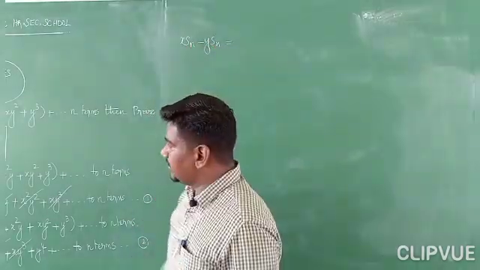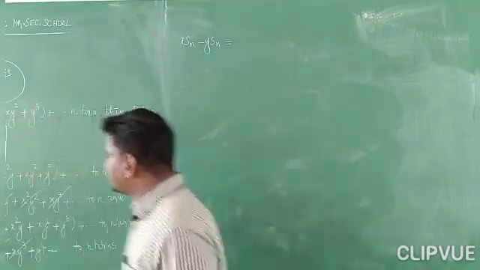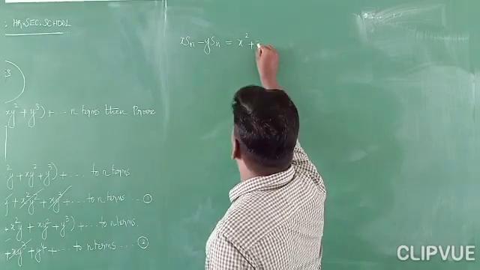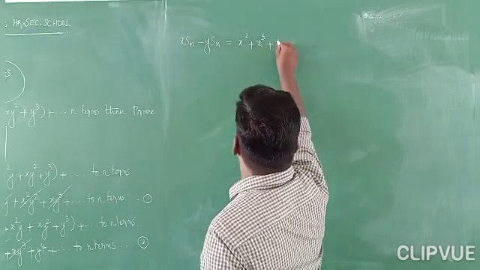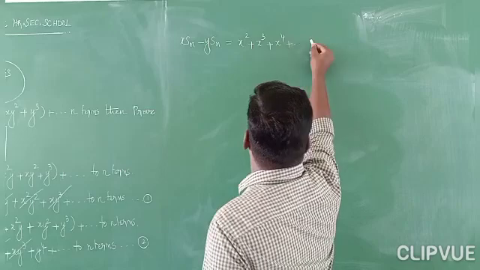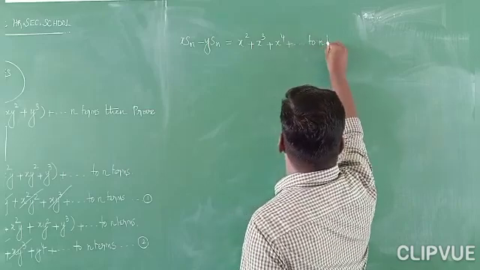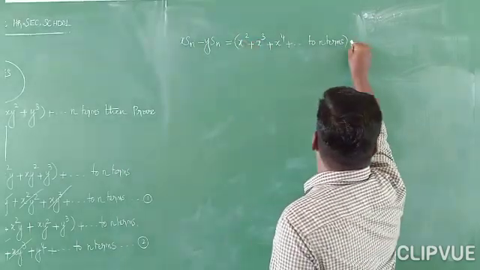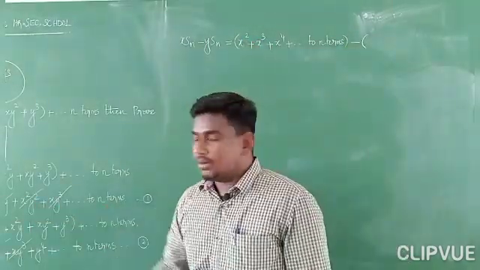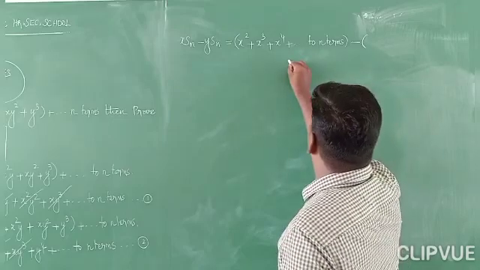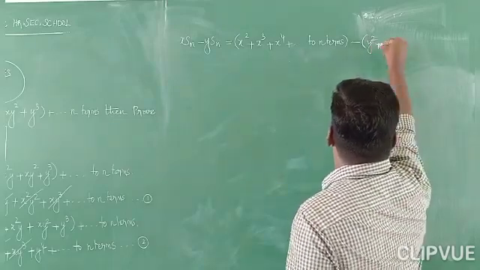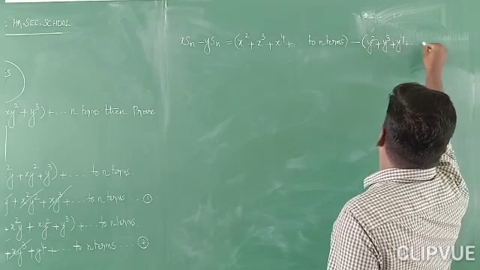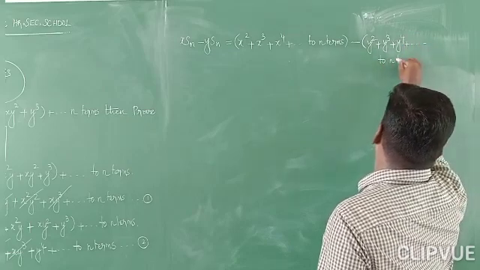Right hand side, the first series have x square plus x cube plus x power 4 and so on to n terms, minus the second one y square plus y cube plus y power 4 and so on to n terms.